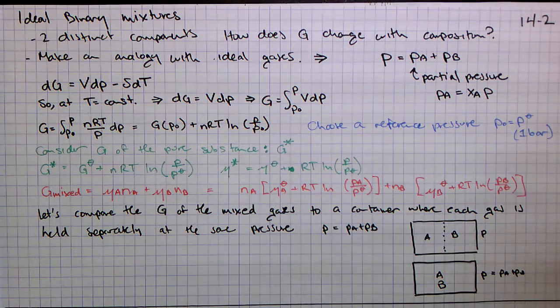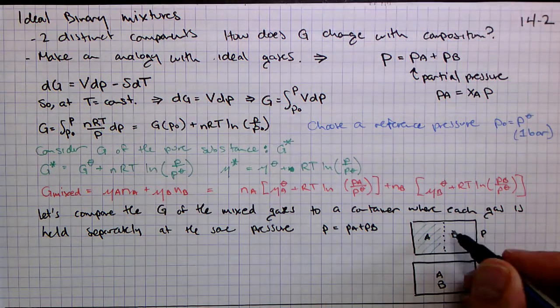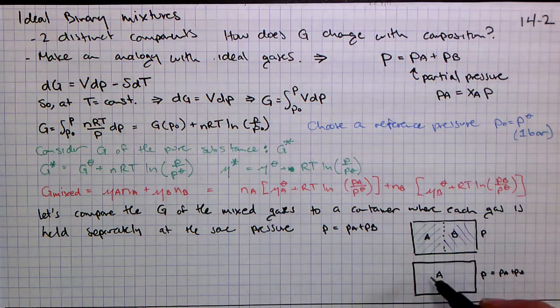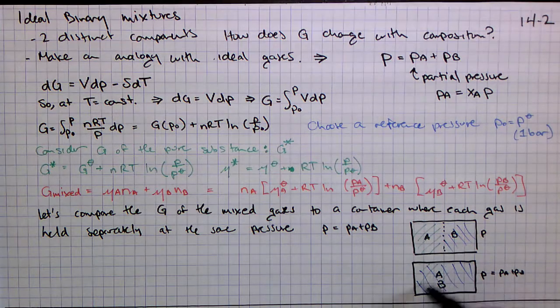So here we have A and B, and here we have A and B together in the container. Okay, but the pressure on the box is the same in both cases.